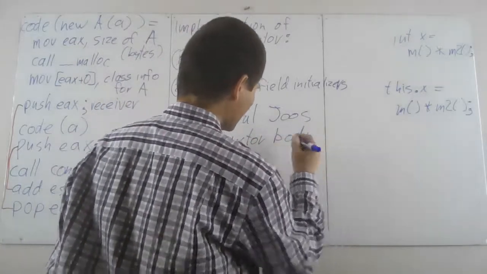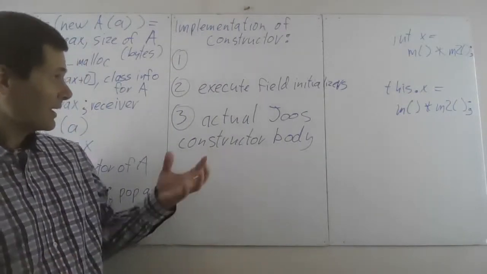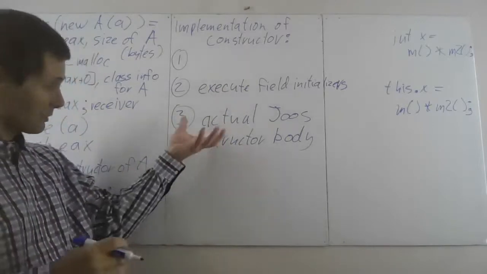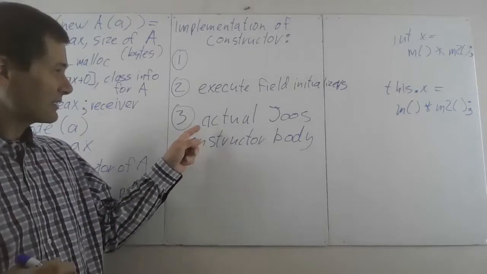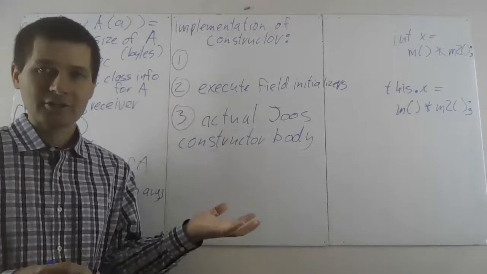So if somebody writes in their Juice program a constructor that has some code in it, then you want to compile that code and put it in the generated constructor after the field initializers, right?